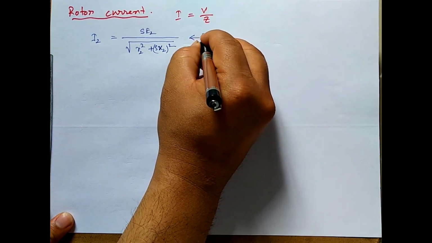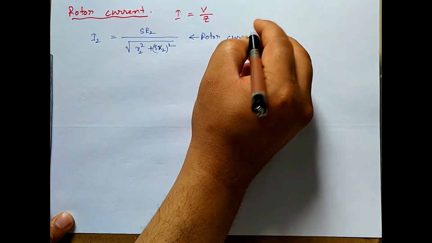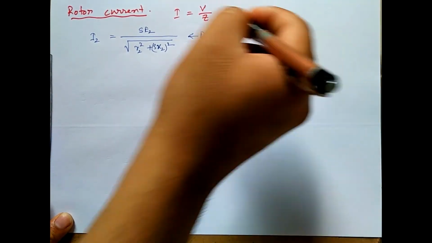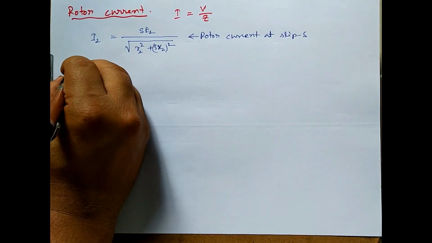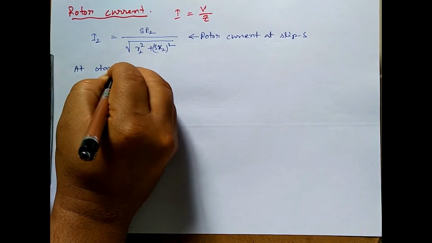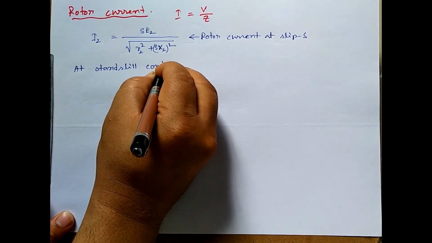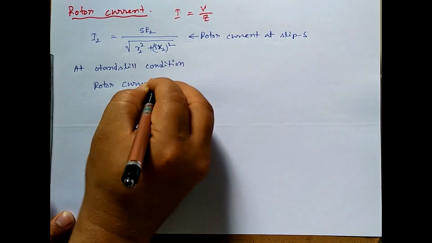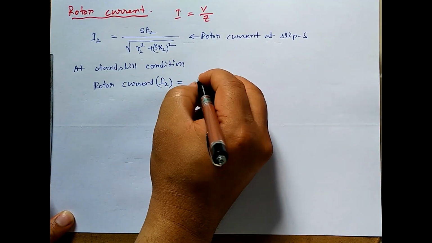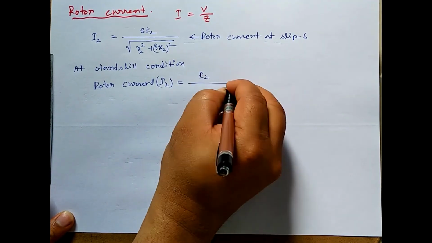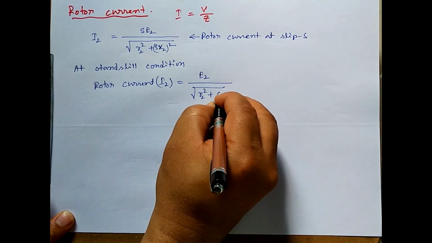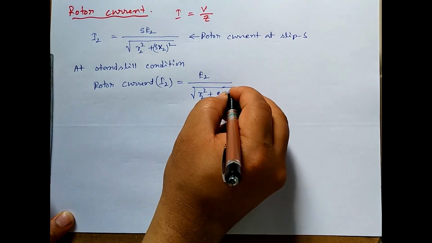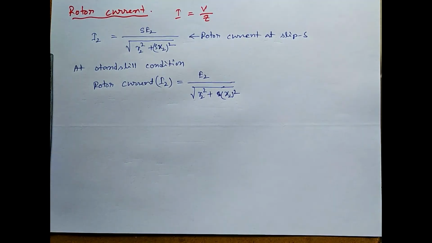This is the rotor current at slip s. At standstill condition, s will be 1, so the rotor current I2 equals E2 divided by root over R2 square plus X2 square. There will not be an s. This is the rotor current at standstill condition.